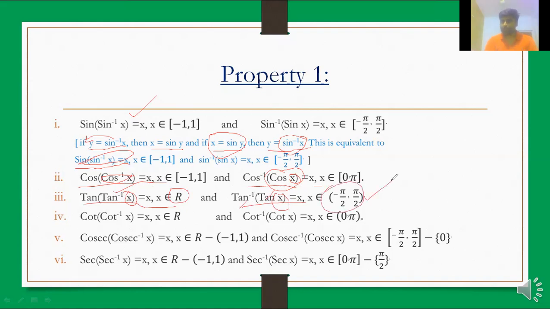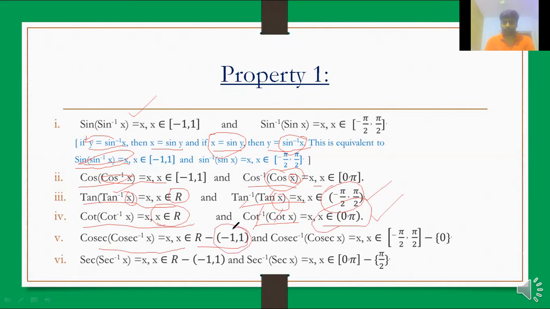Hope you remember all these formulas of domains and ranges for the inverse trigonometric functions. And here cot of cot inverse x is x whenever x belongs to R, the domain of cot inverse. Here cot inverse of cot x, cot inverse cancels, and we get x whenever x belongs to the open interval 0 to pi. We know that also. Now cosecant of cosecant inverse x equals x, for x in R minus the interval -1 to 1.